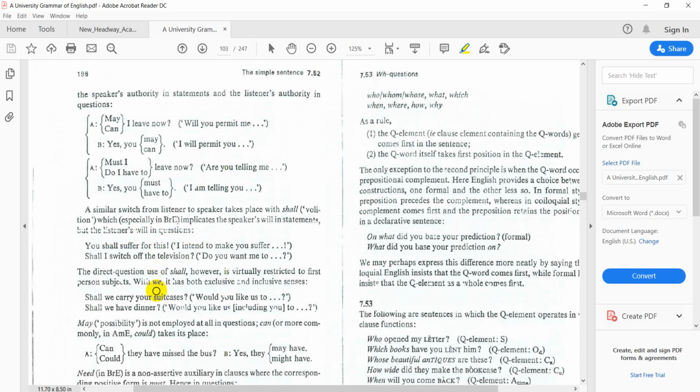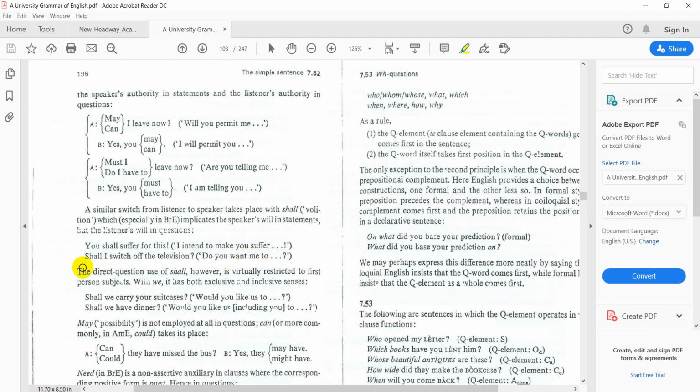See this example. You shall suffer for this. This is not a question. The speaker is telling the listener that he or she shall suffer for this. I intend to make you suffer.